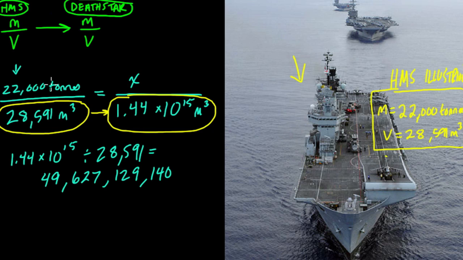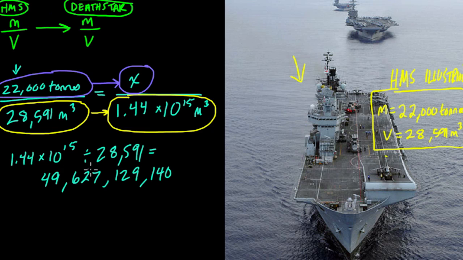And what that says is, okay, well, we know how much each ship weighs, right? Each one of those ships is about 22,000 tons. So now to get our mass of the Death Star, we can just multiply 22,000 tons times this number right here, because we know that each ship weighs that much.